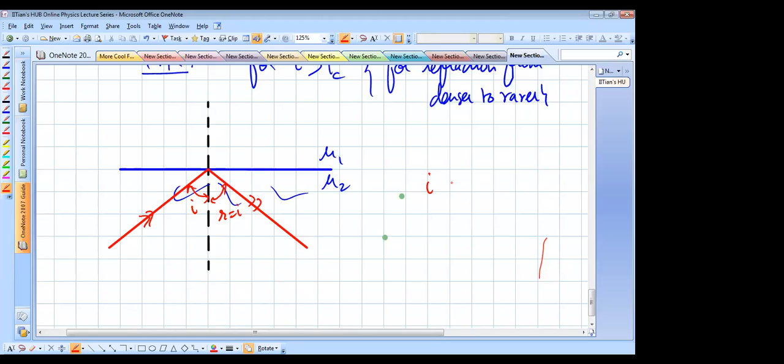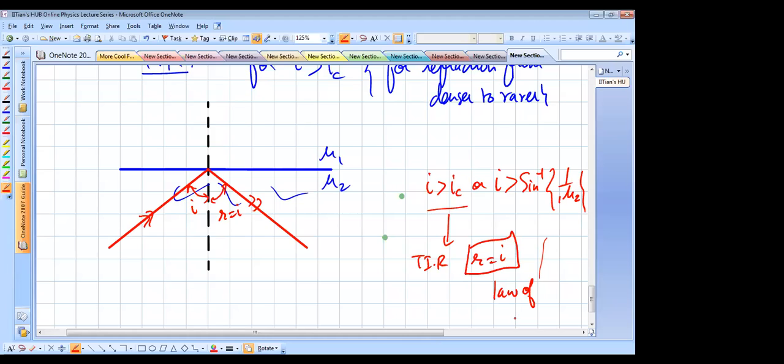So for i greater than critical angle, or i greater than sine inverse 1 by mu of 2 with respect to 1, total internal reflection happens such that the angle of reflection is equal to the angle of incidence. It follows the law of reflection. Okay, so just make a note of this and we'll work out an example or two of this. Understand?